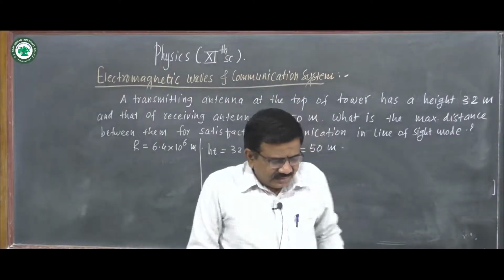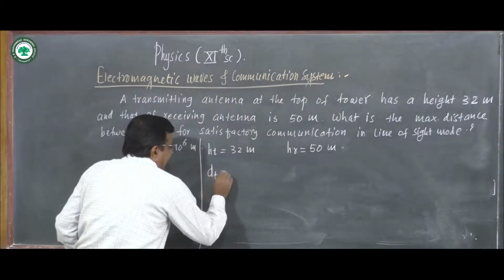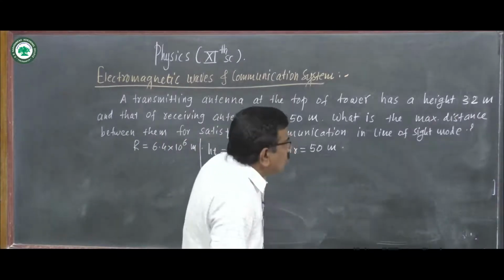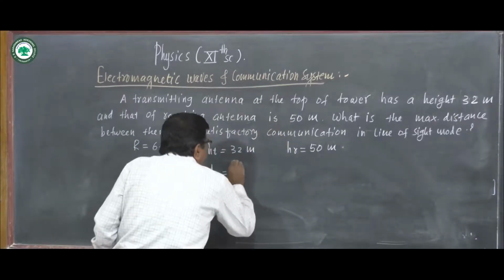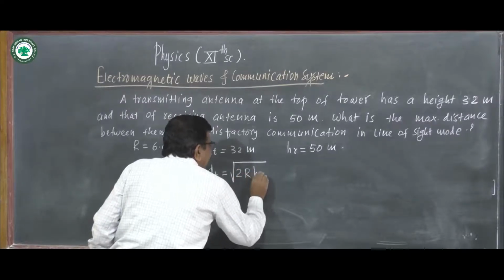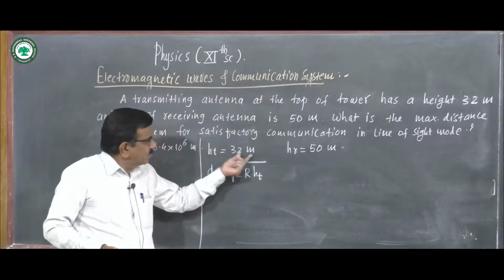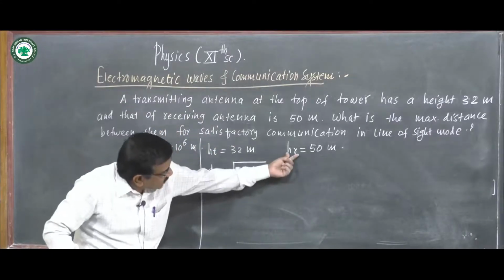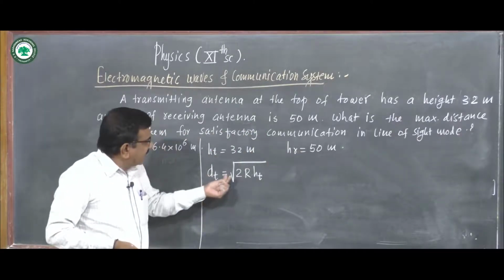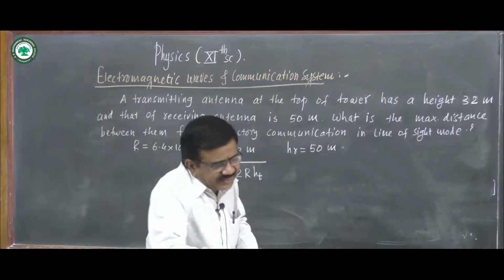Here the range for the transmitting antenna, we call it as dt, and we know d is square root of 2rh, so it is square root of 2r. h means height of the transmitting antenna. Height of transmitting antenna is 32 meter. Height of receiving antenna is 50 meter. So range of transmitting antenna is square root of 2rh, where h is height of that transmitting antenna.